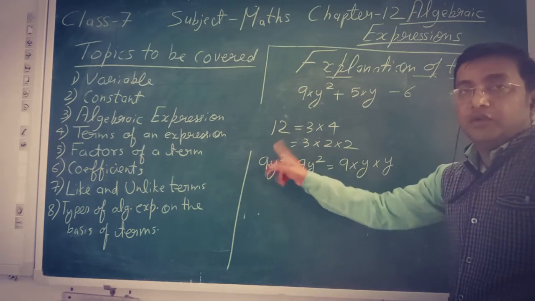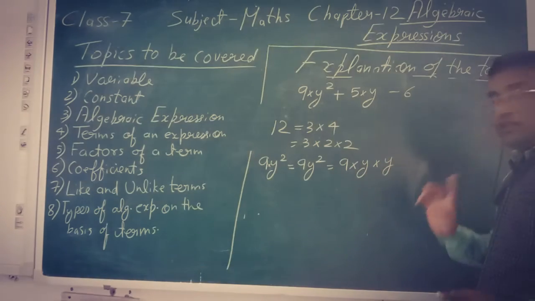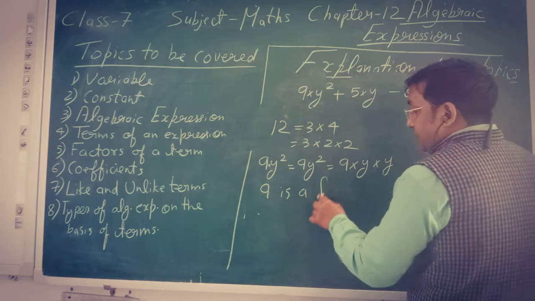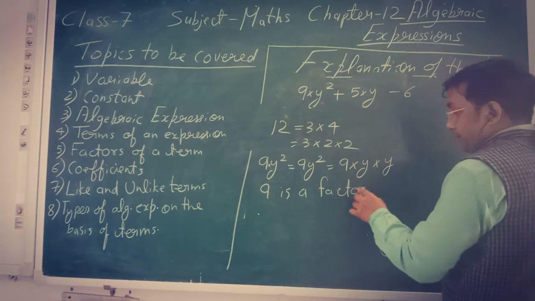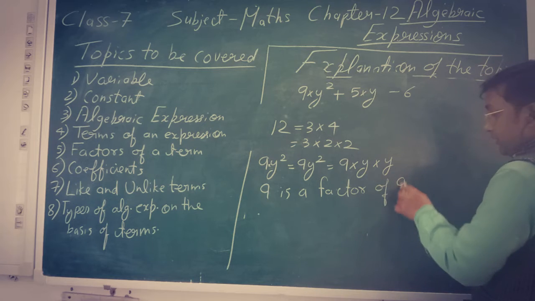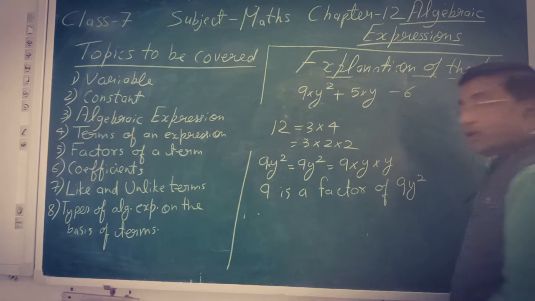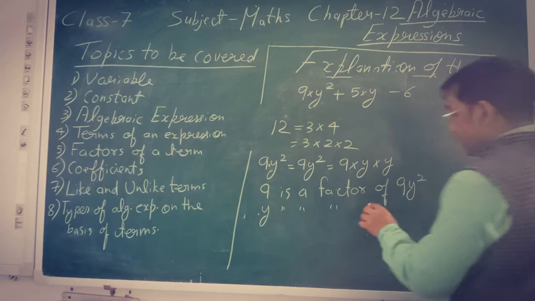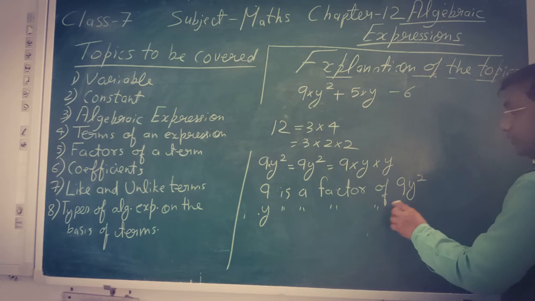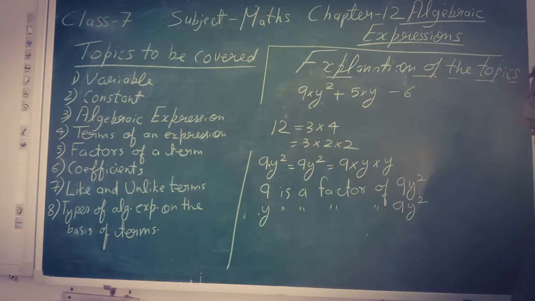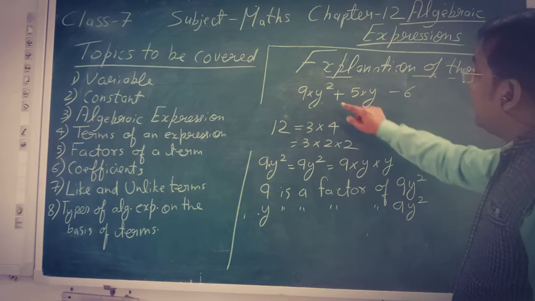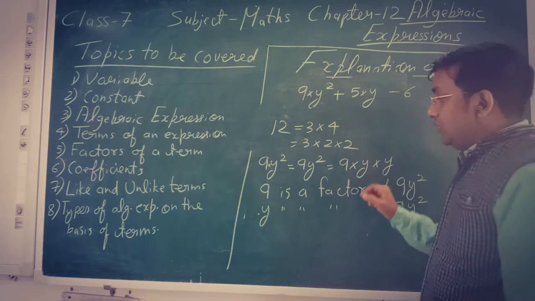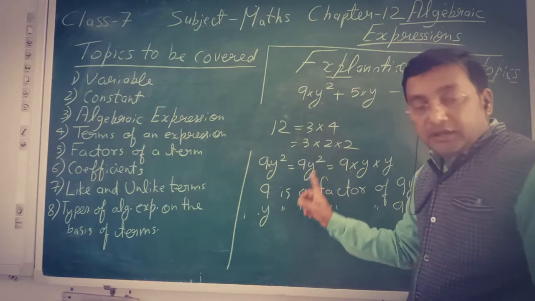Each of these terms, we can say that 9 is a factor of 9y square. And we can also say that y is a factor of 9y square. So whenever we factorize any algebraic expression, each part is a factor of the remaining part.